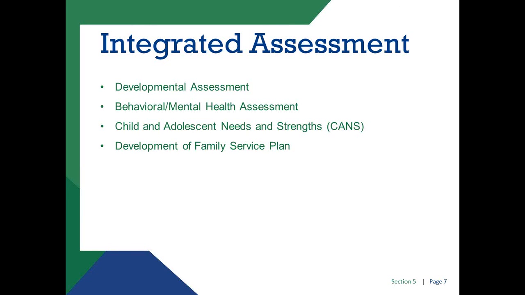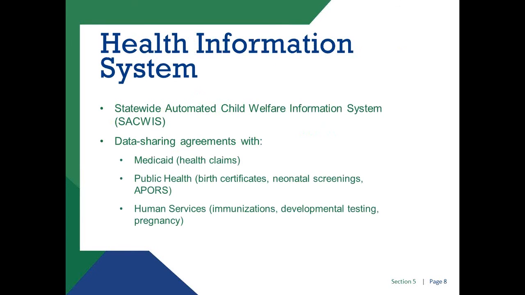Now, I want to talk about something I think is very important, which is the health information system. When you develop a system, you have to know, does it work? And we did not have a health information system. About 5 years ago, the light bulb went on and said, there is SACWIS, the Statewide Automated Child Welfare Information System. That is what the caseworkers use to input. It's a health information system for them to manage their cases.